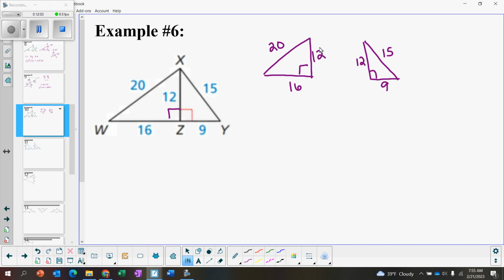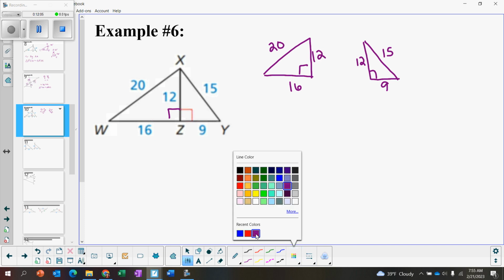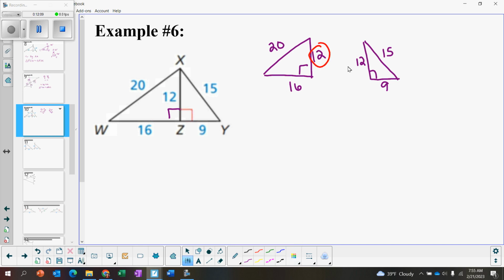So around the right angle, I'm going to look at 12 is smaller, 9 is smaller, 16 is bigger, 12 is bigger. So we're going to compare 12 to 9 and 16 to 12. So 12 over 9 is 4 over 3. 16 over 12 is 4 over 3. So we do, in fact, have similar triangles, similar by SAS.